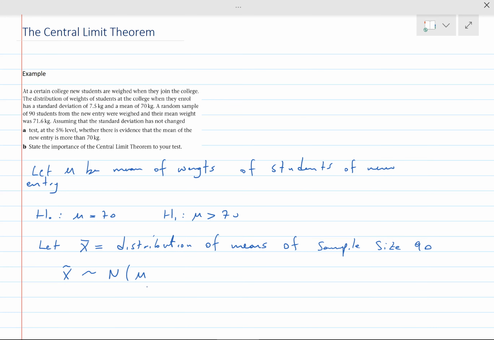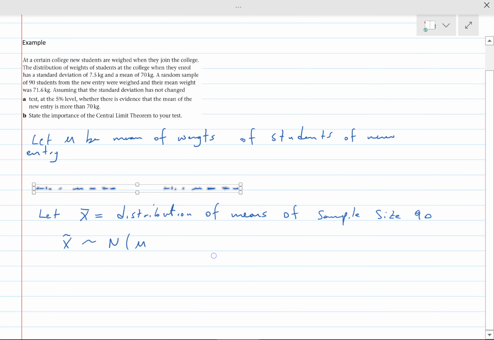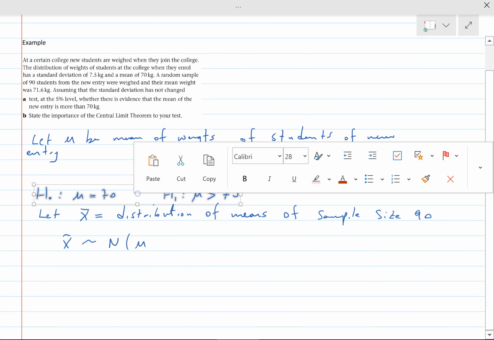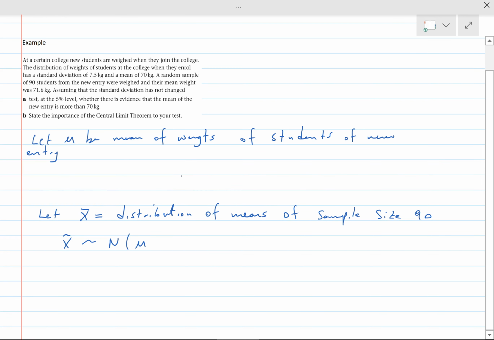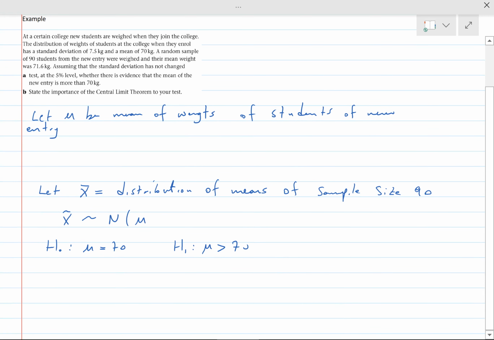So thinking about it, I might actually put this below. I don't think it really matters, but it just seems to make more sense to me if I shove this a little bit lower down to here, because I've defined a distribution in there. The point here is, because it's a sample of 90, we've got a variance of sigma squared over 90, but we know the variance.